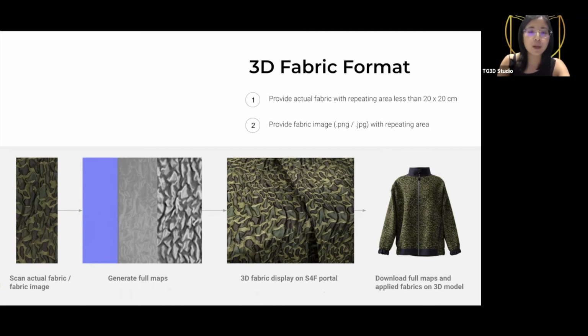So the fabric you want to digitalize should be repeated within these sizes. And the other way is to provide fabric image by the repeating area. So you can provide it as a scan or photography of the image to us.